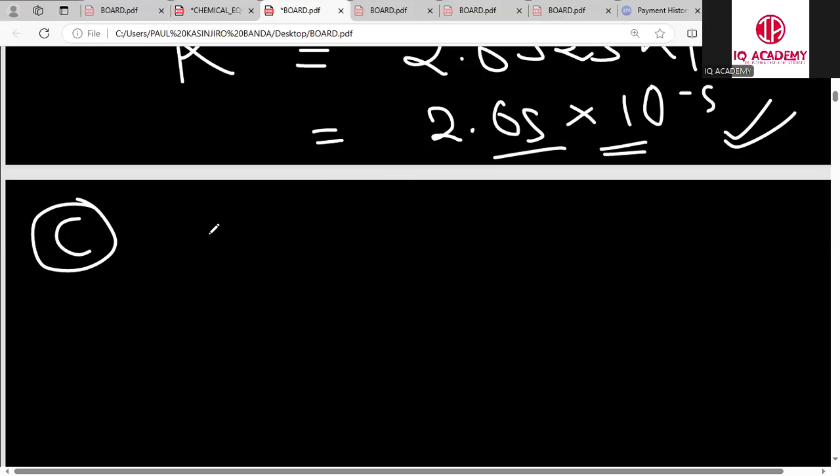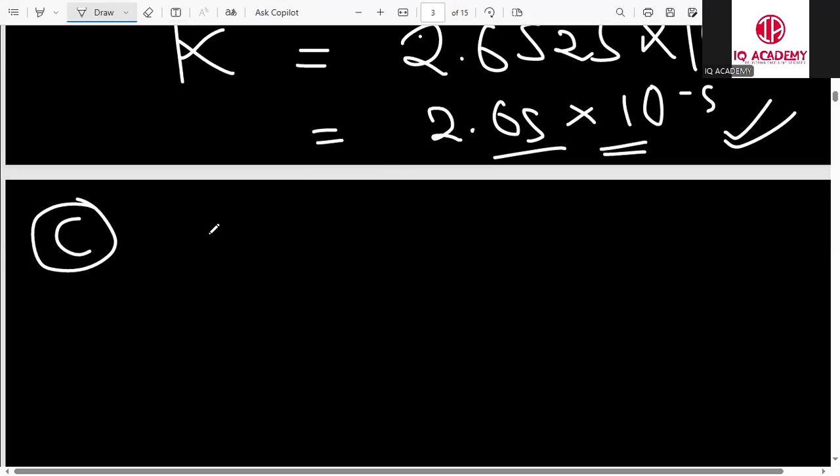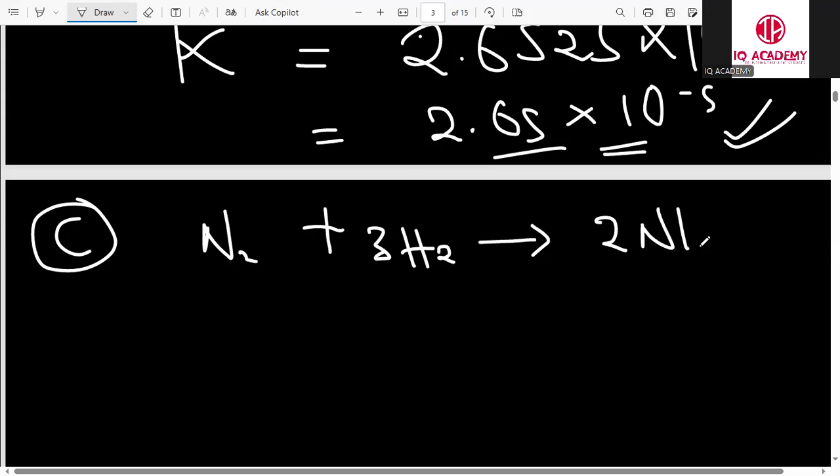Let me show it. Okay, it was like N2 plus 3H2, and then we had 2 of the ammonia like that, right? So all this here has been multiplied by half everywhere.